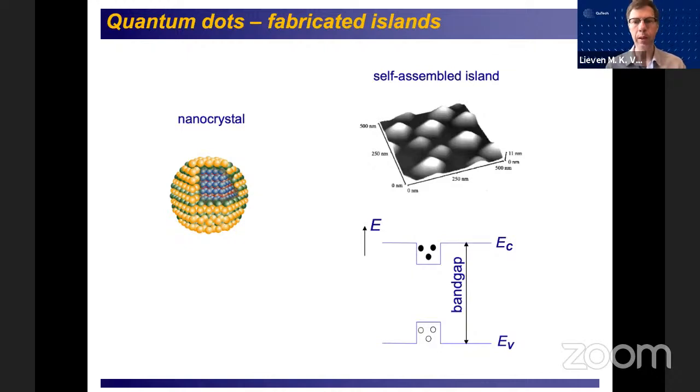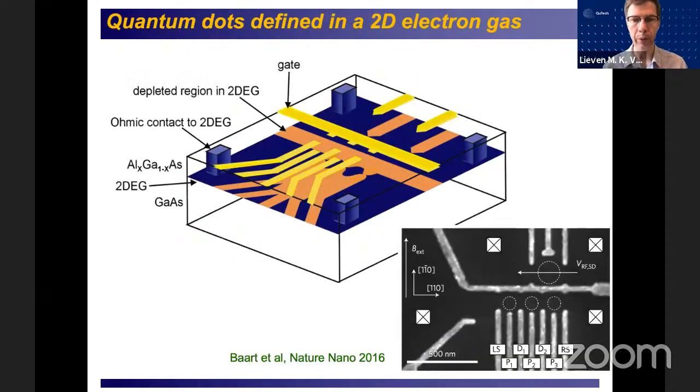The type of quantum dots that I will focus on in this lecture, because these are the ones mostly used for spin qubits, are defined electrostatically in a two-dimensional electron gas or in a quantum well. When our community started working on spin qubits 20 years ago, the workhorse was gallium arsenide, aluminum gallium arsenide heterostructures.